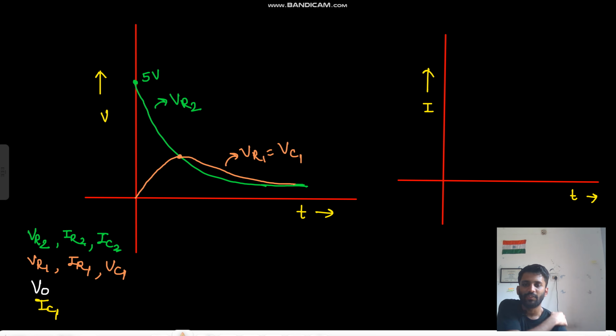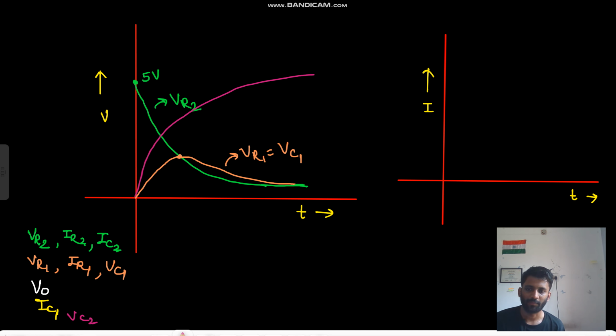Now talking about VC2. What is happening with VC2? VC2 initially was at 0 and at steady state it goes to 5 volts. So VC2 is always increasing. For VC2 we take a different color.